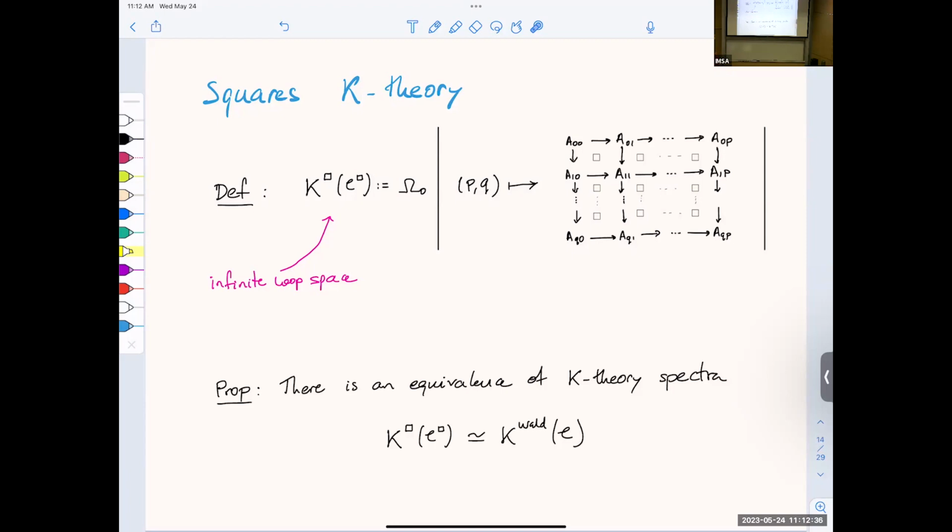In fact, you can show that that's an infinite loop space. And this is done in quite a bit of detail in our first paper: there exists an equivalence of K-theory spectra, and you can show that the squares K-theory of the category with distinguished squares is equivalent to the K-theory of your Waldhausen category.